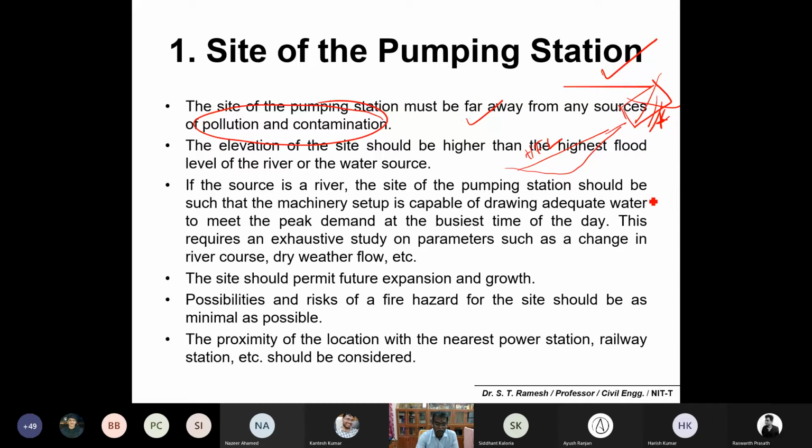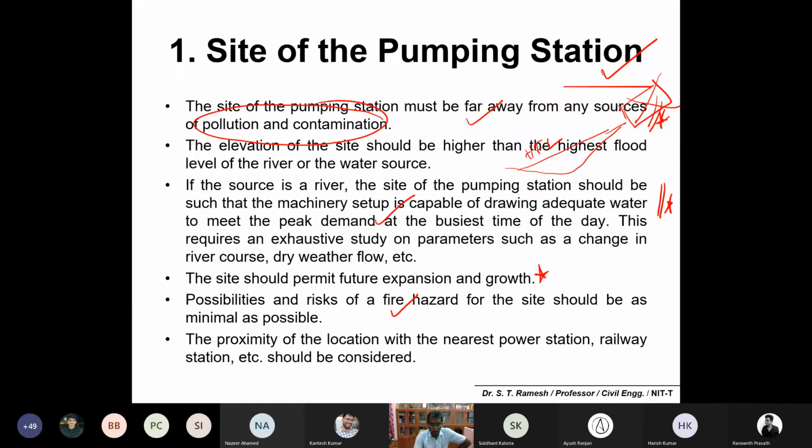And if the source is a river, the site of the pumping station should be such that the machinery setup is capable of drawing adequate water to meet the peak demand. Please make a note of that. The site should also permit future expansion. If you want to add one more well along with the pumps, you should have the space. That is important.